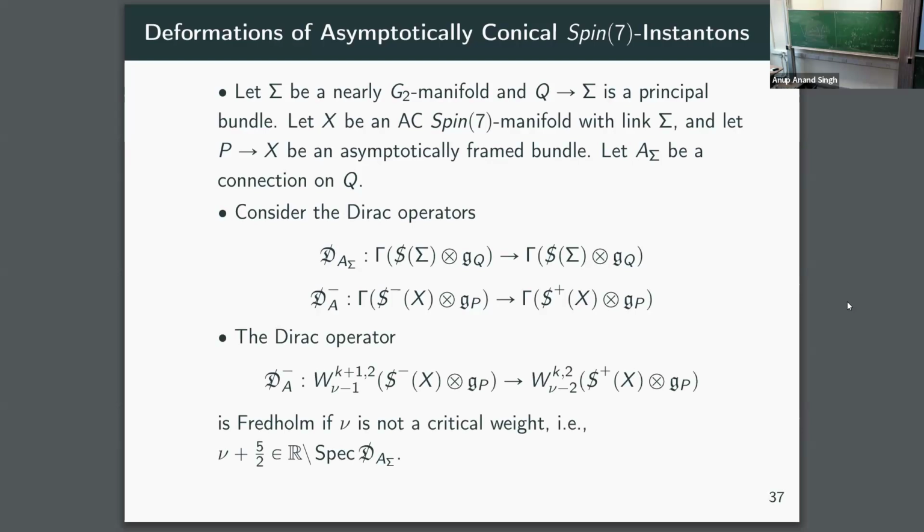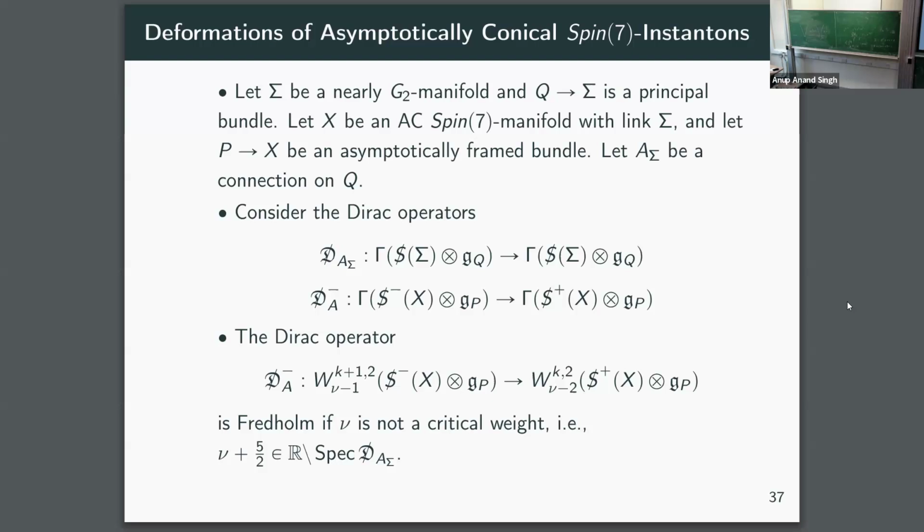So that's my Dirac operator, and there are some critical rates. If you add i over something to it, and that turns out to be an eigenvalue of this Dirac operator on the link, then the kernel will blow up, and this operator will fail to be a Fredholm operator.